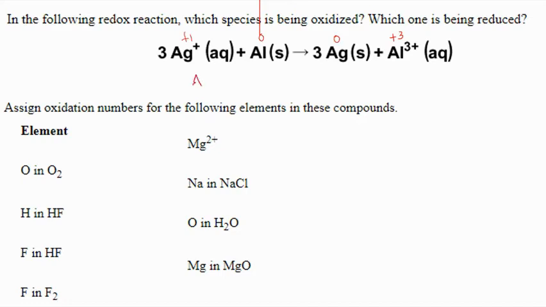So if silver went from a +1 to a 0, that means that it gained electrons, and reduction is gain, so it was reduced. Our aluminum went from 0 to a +3, so it became more positive. It lost electrons, so it was oxidized.